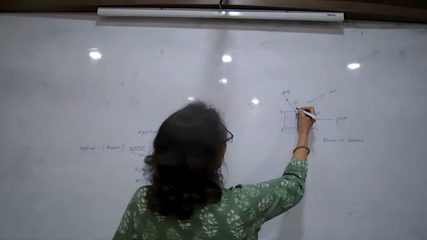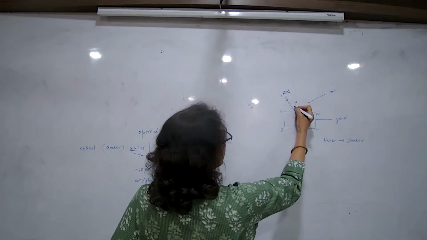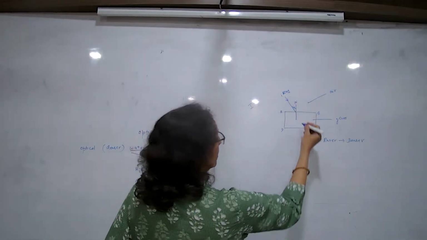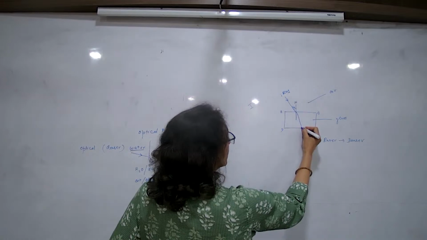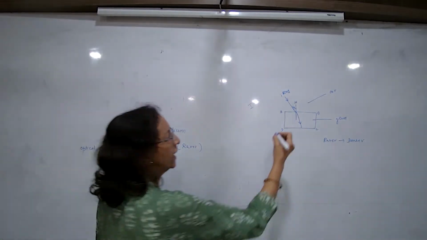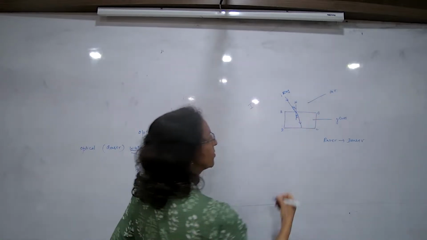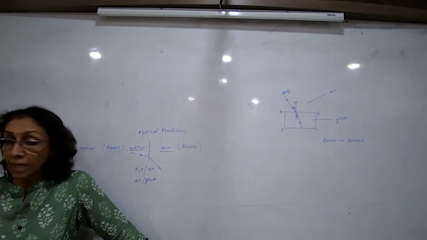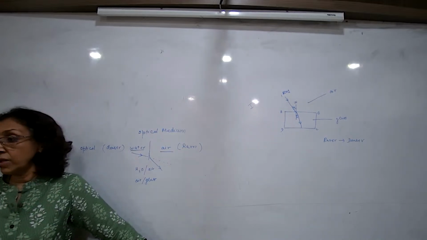So the angle which is formed here between the normal and the incident ray, this is your angle of incidence. Now the ray will move towards the normal. So you find that the angle r is much smaller as compared to angle i. Take down this diagram because it's not given in your textbook.